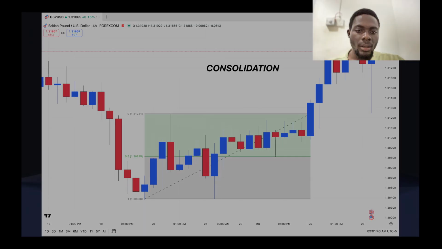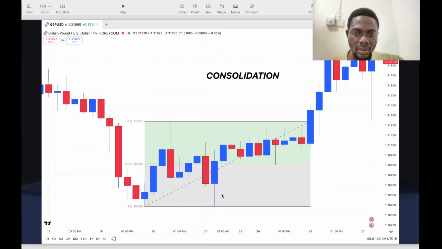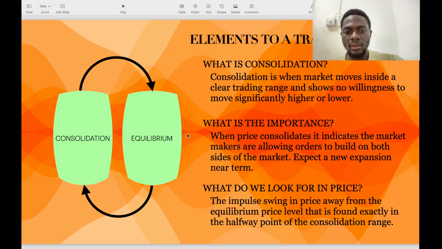You can see price was consolidating. It was in a range. It was going up, down, up, down, up, down. Yes, it was progressively going higher, but then it was not impulsive. You understand? It was not impulsive. So let me explain it again. The impulsive swing in price away from the equilibrium level.